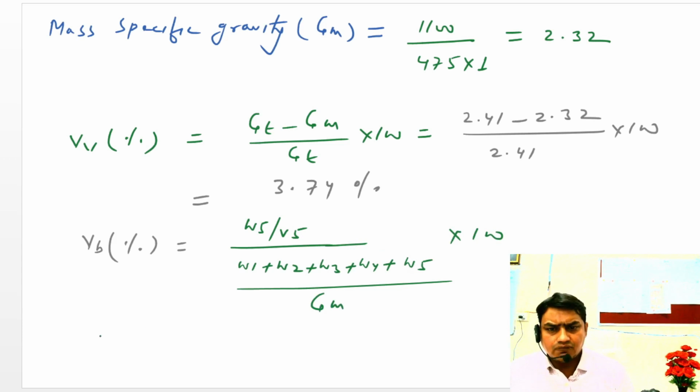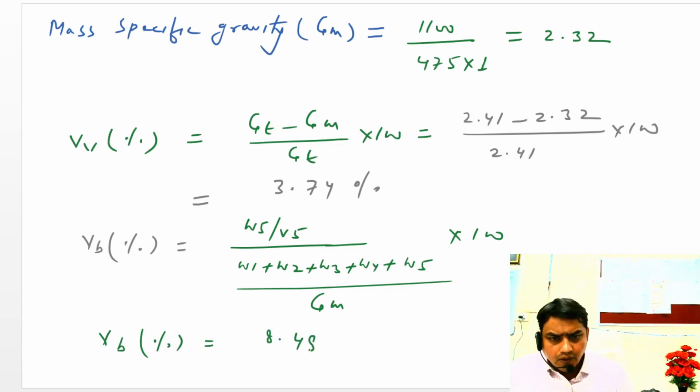So if I compute this value, the percentage volume of bitumen is 8.48 percentage. So void mineral aggregate can be computed as VV plus VB.